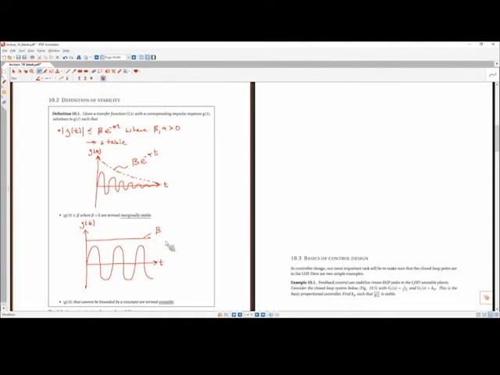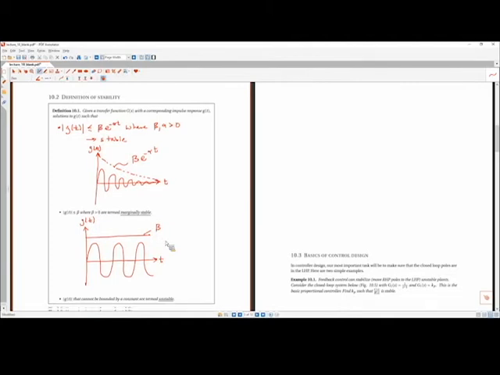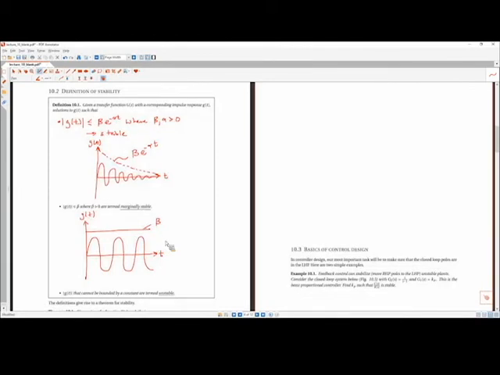And then the last one is if g(t) cannot be bounded by a constant, we call this unstable in terms of the response.